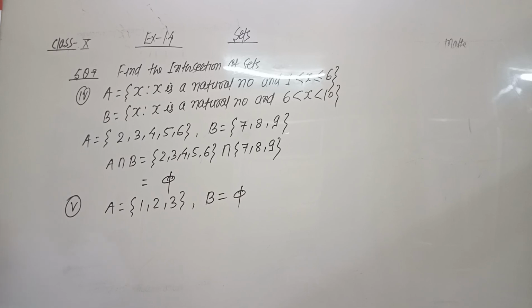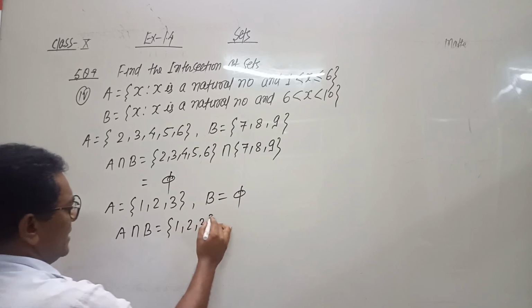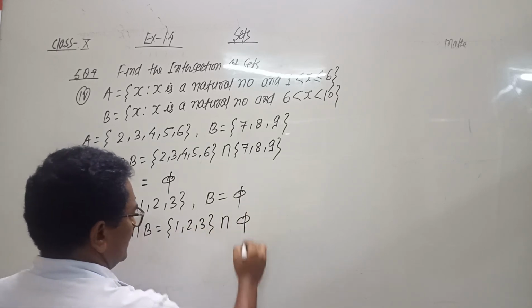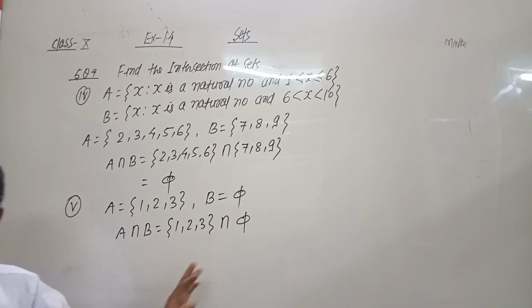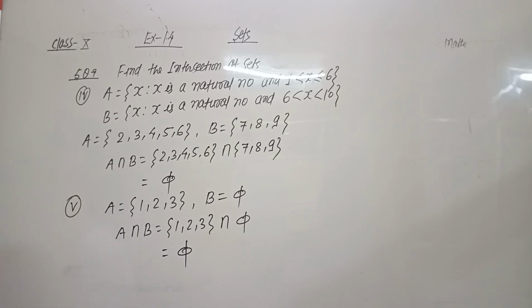Then A intersection B. So A is 1, 2, 3, intersection 5. In both the sets, nothing is common. Nothing is common means the result is again a null set. If there is nothing common in the given two sets, then the result will be a null set or empty set.